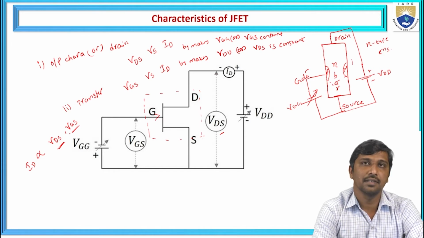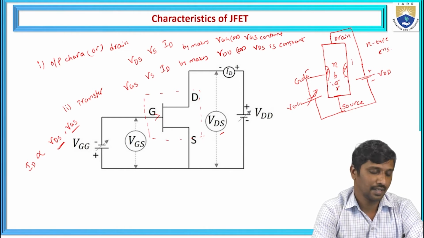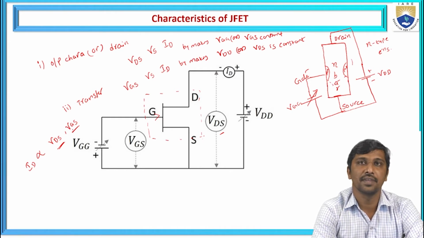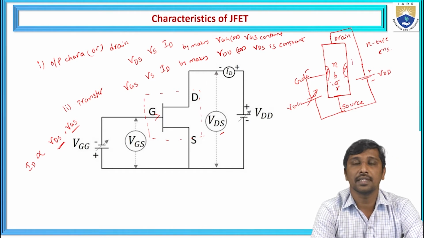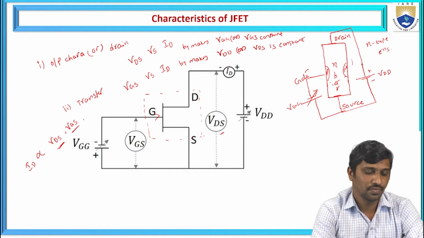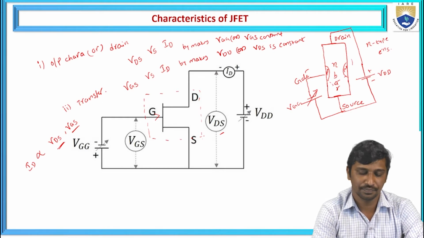These two parameters control the flow of drain current, hence it is called the field effect transistor. So based on this, now we are going to observe the characteristics of JFET with respect to these two parameters. That is, one is output or drain characteristics, another one is transfer characteristics.